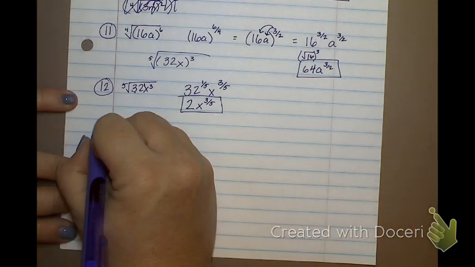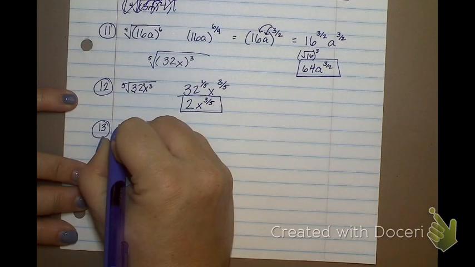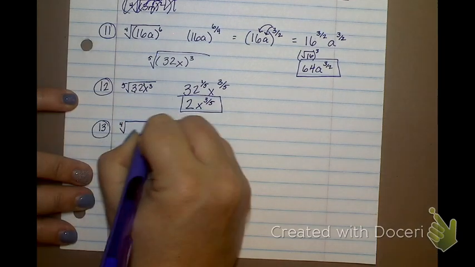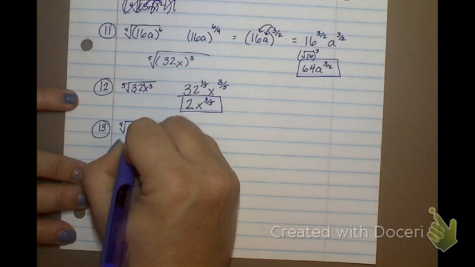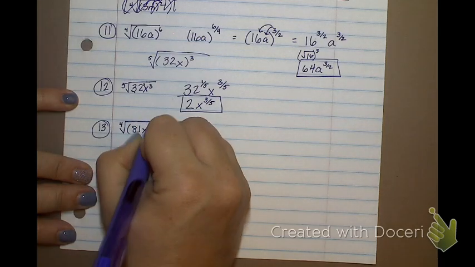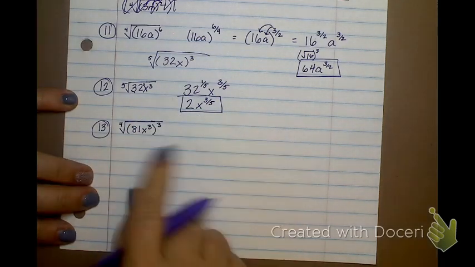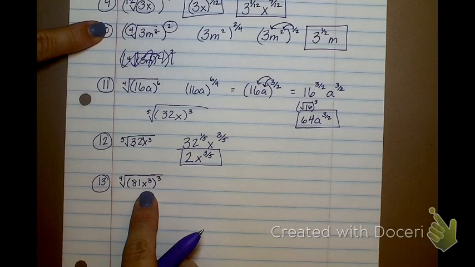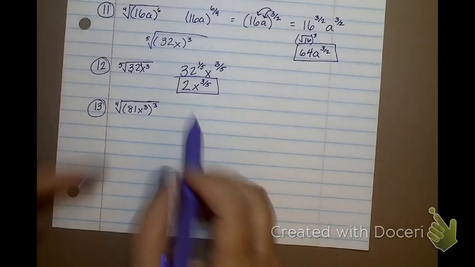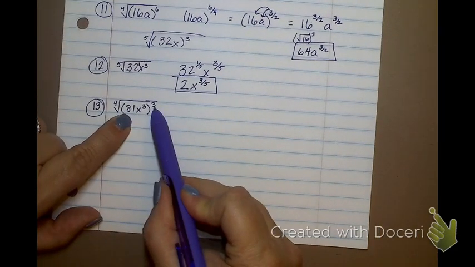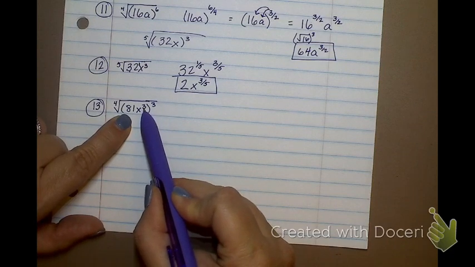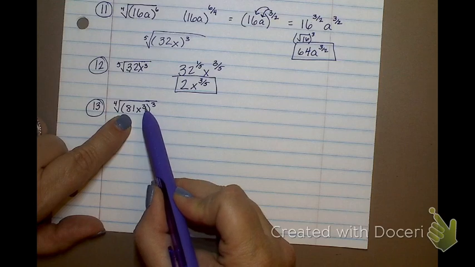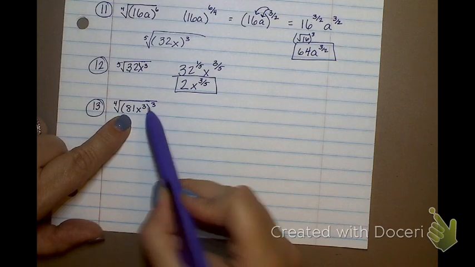Okay? And 13 is very similar. 4th root of 81x cubed, all cubed. Now this one is very similar to number 10 in a lot of ways. Because the 81, this exponent does apply to it, but this exponent does not. Do you see that? So only one of them does.